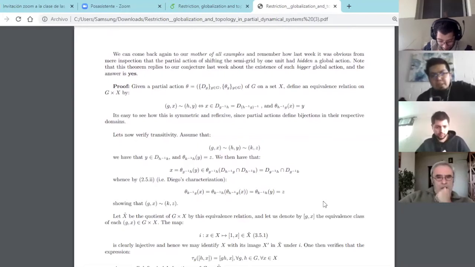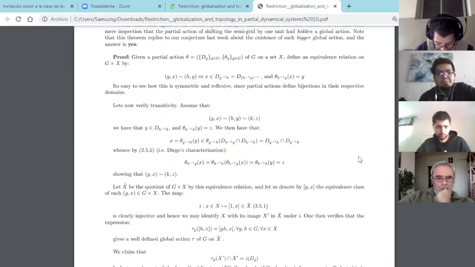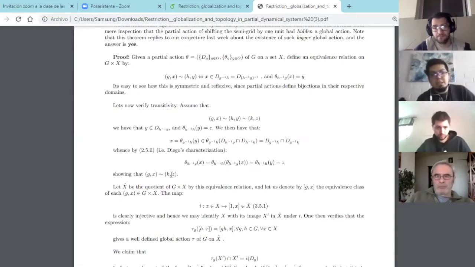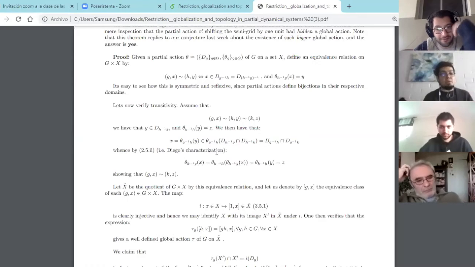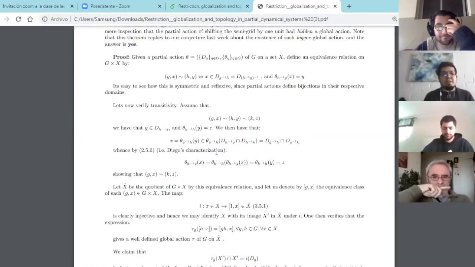Well, this is just checking from the definition. It's easy to see that it's symmetric and reflexive. And using Diego's characterization, we can see that it admits transitivity. And with Diego's characterization, I mean what he stated about the composition in partial actions.